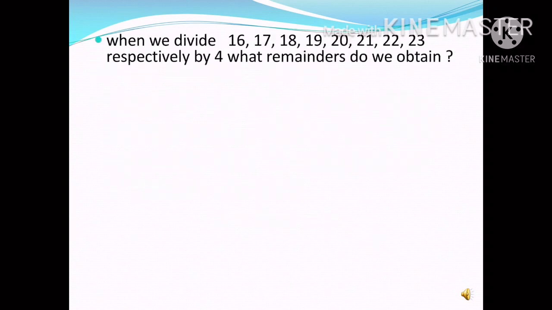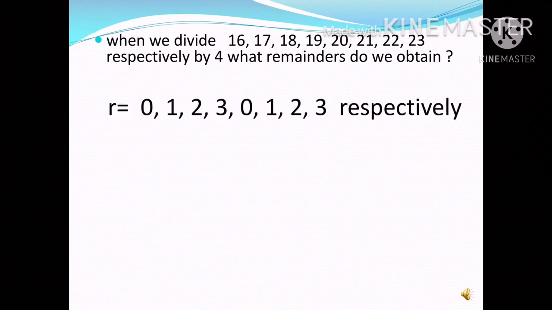Now let us see what happens with the remainder. For example, when we divide consecutive numbers 16, 17, 18, and so on respectively by 4, can you tell me what remainders we obtain? On dividing 16 by 4, we obtain the remainder 0.